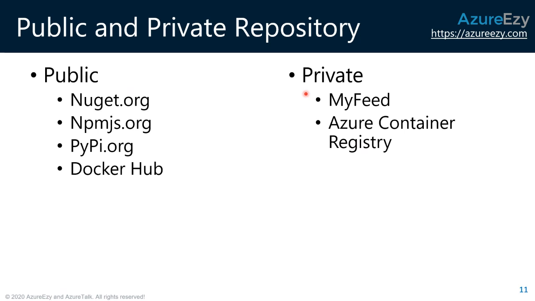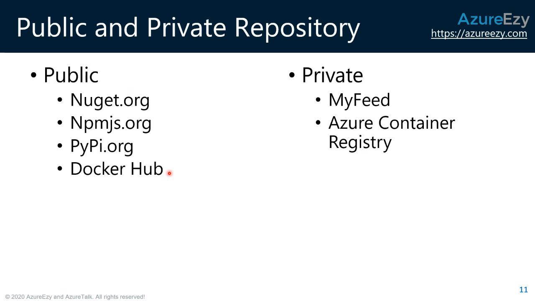Then possibly you might not want to use Docker Hub because that is publicly available. The moment you publish anything on Docker Hub, anyone can go there, look at it, pull it onto their system, and use it.